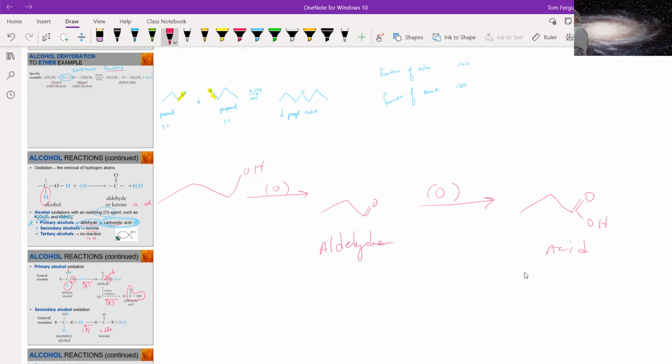Okay, so aldehydes and ketones are in unit 2. So you don't have to name an aldehyde until we get to unit 2. So you just put aldehyde there. And of course, we have to name the reactant, which in this case is a 3-carbon primary alcohol. So that's going to be 1-propanol.